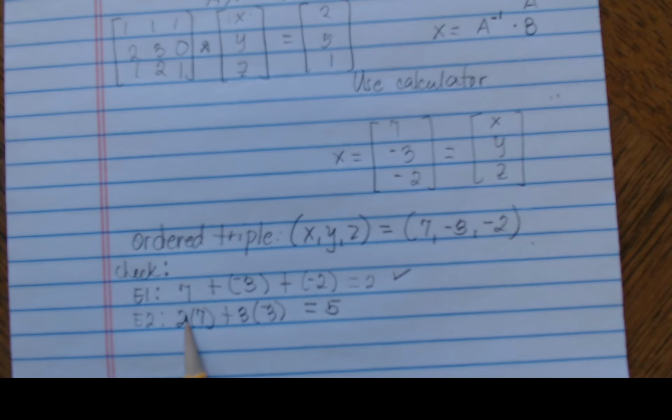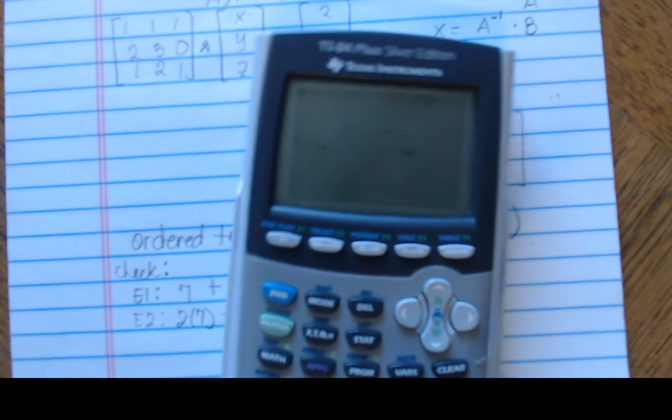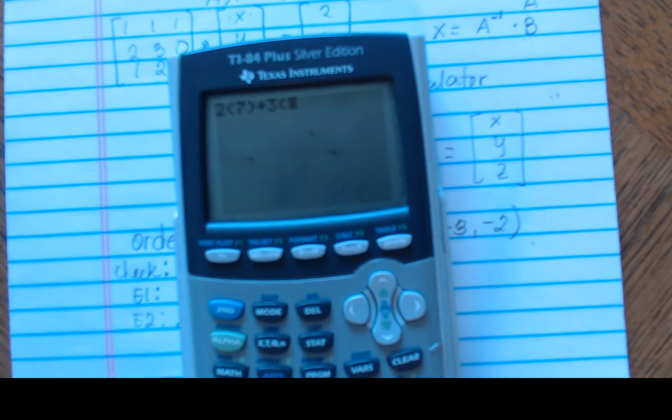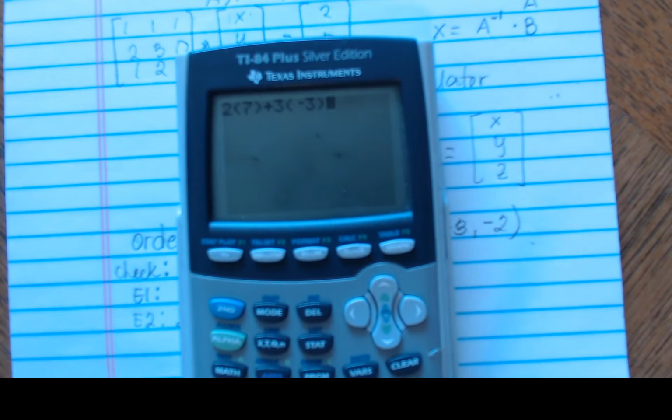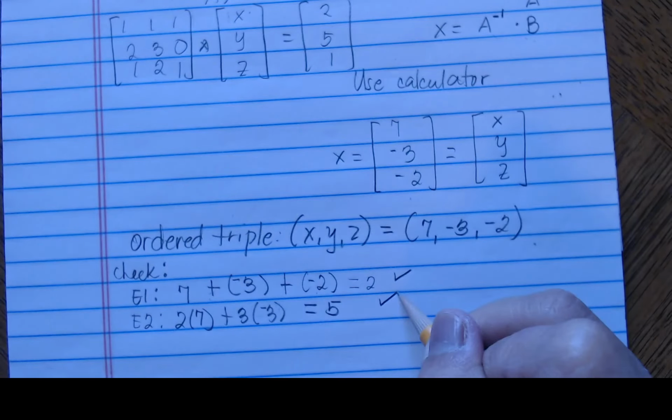Well, this is a 14. This is a 9. 14 minus 9. Or, you can just easily say 2 times 7 plus 3 times negative 3. And it's a 5. So that checks out.